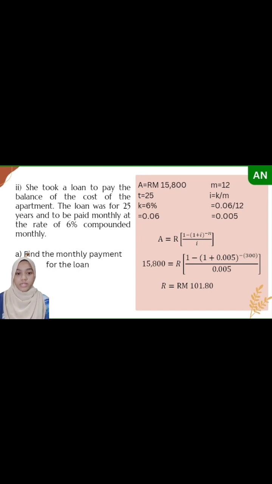We use the formula A equals R times 1 minus bracket (1 plus i) to the power of negative n, divided by i. A is 15,800 equals R times 1 minus (1 plus 0.005) to the power of negative 300, divided by 0.005. So R equals RM101.80.